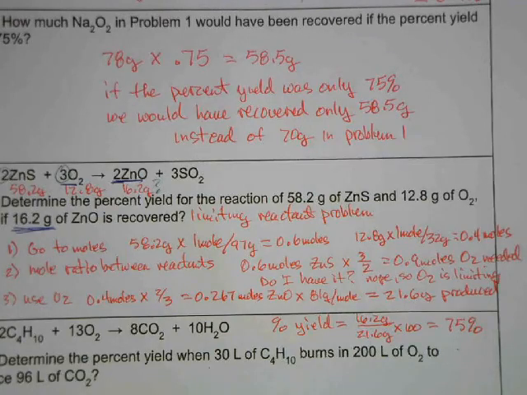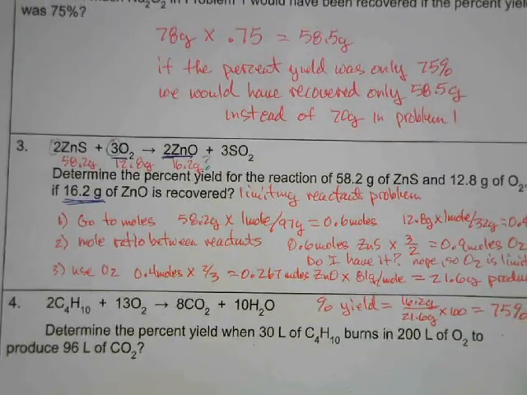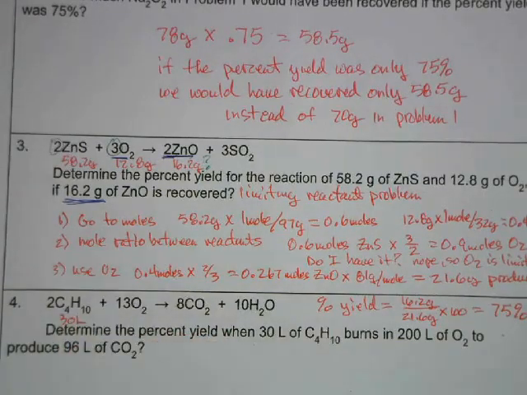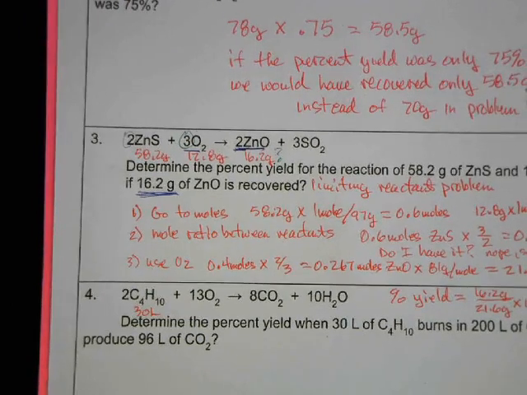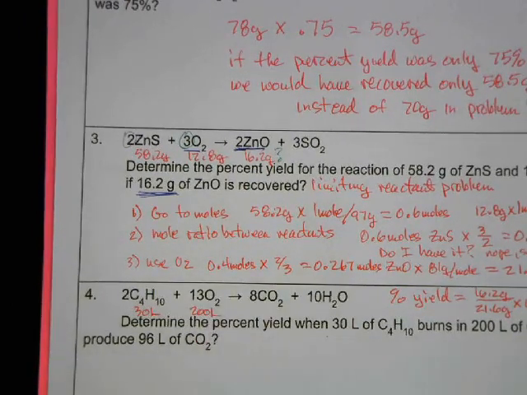All right, last example. Determine the percent yield when 30 liters of C4H10, can always annotate my reaction, burns with 200 liters of O2 to produce 96 liters of CO2.